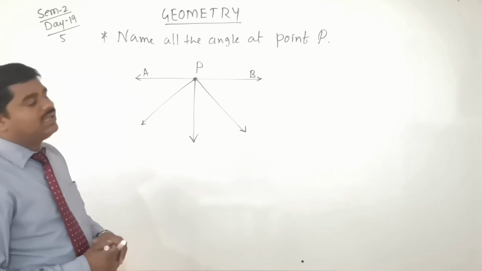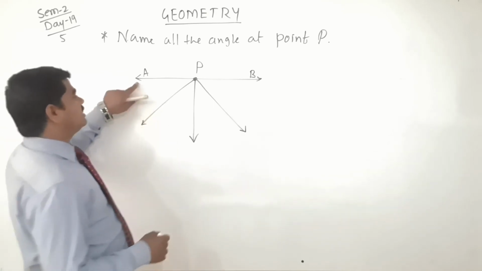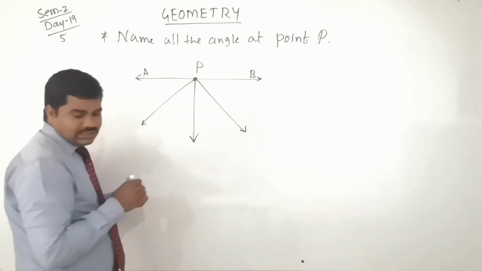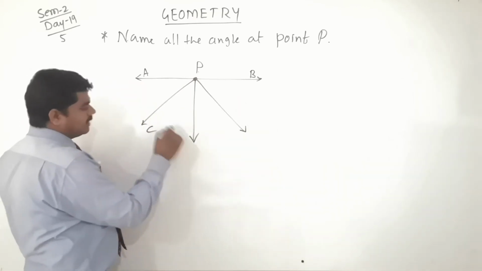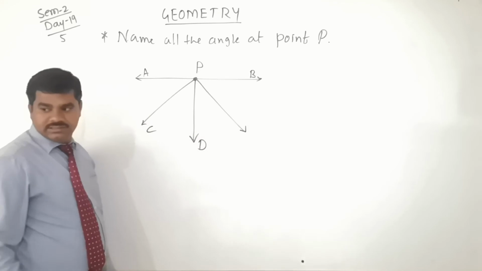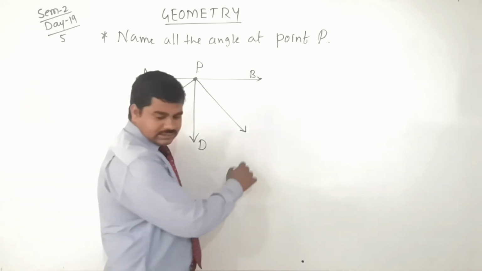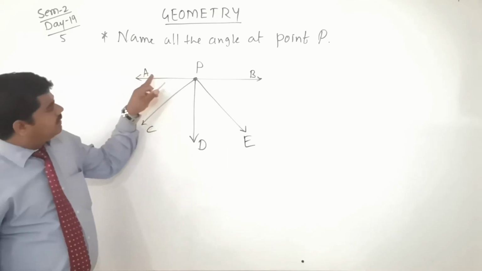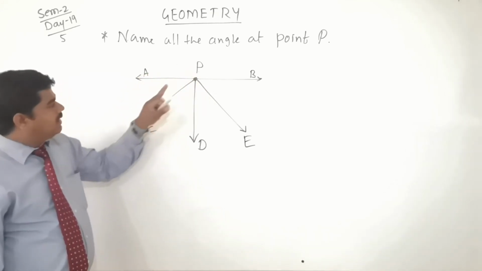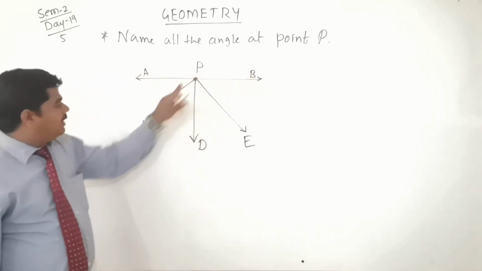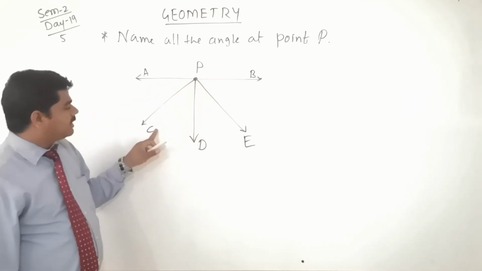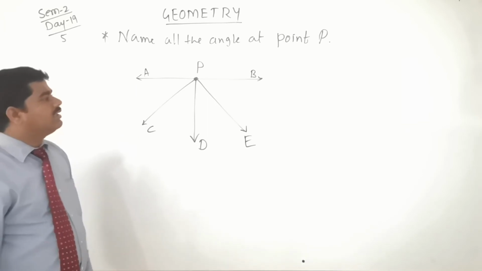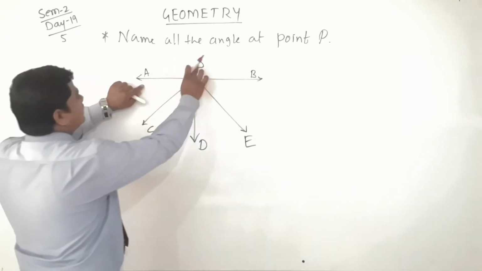Then we can write the angles at P. Yes, first we will take AP. Here these names are C, D, and yes, it is E. AP one ray, PB another ray, PC one ray, PD one more ray, and PE one more. The angles, we consider only these 3 points.